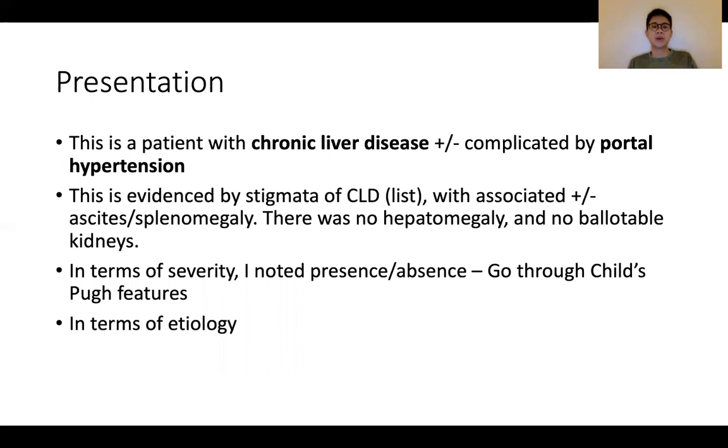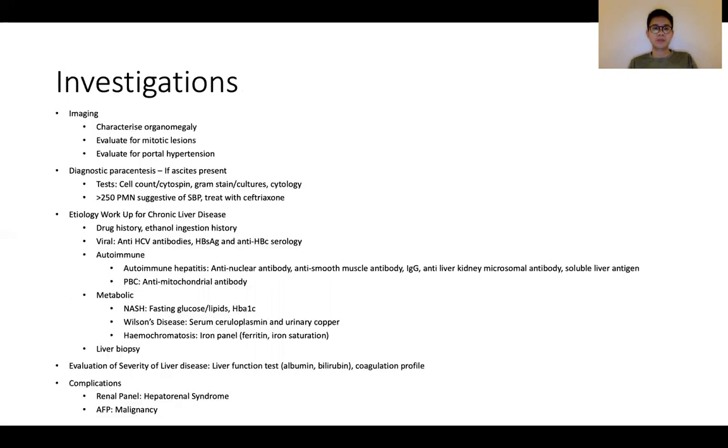Then you go on to say it's evidenced by stigmata of chronic liver disease. You list the features with associated complications of portal hypertension. Then you state the significant negatives in terms of the absence of hepatomegaly and absence of ballotable kidneys. Then severity, and then the etiology.